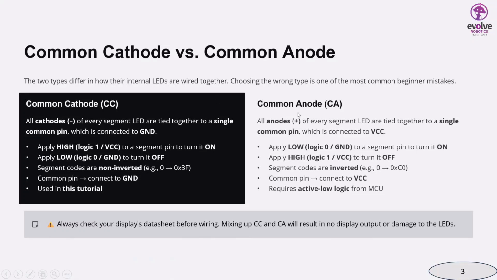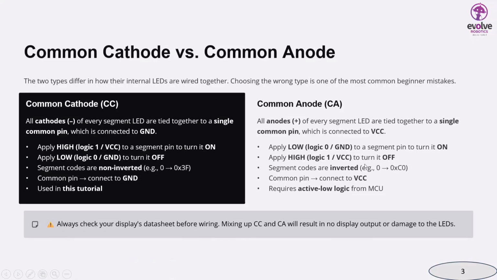Now going to common anode, all the anode terminals are connected together and tied to VCC. In the case of common anode configuration, all the anode terminals, that is the positive terminals, are connected together and tied to VCC.